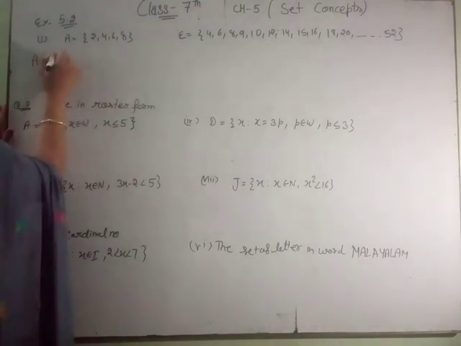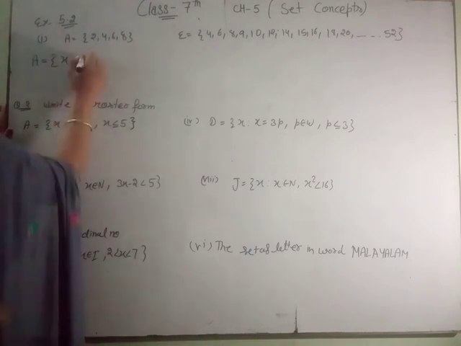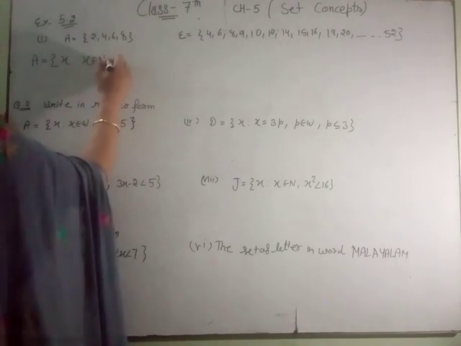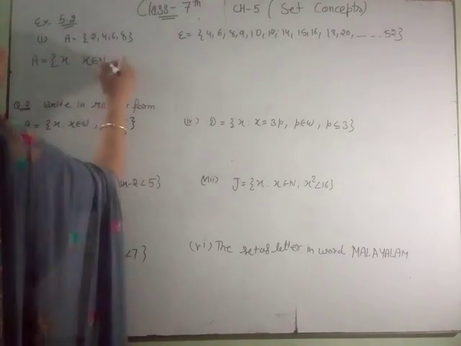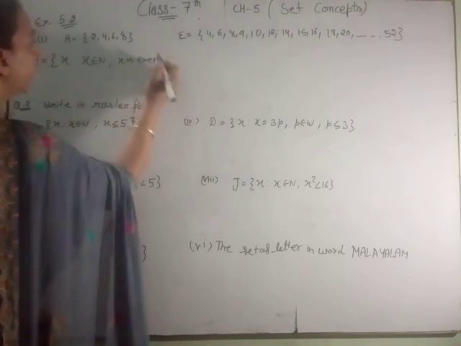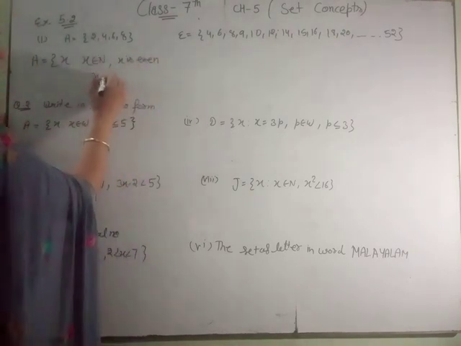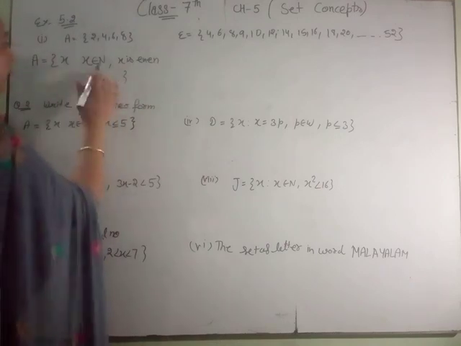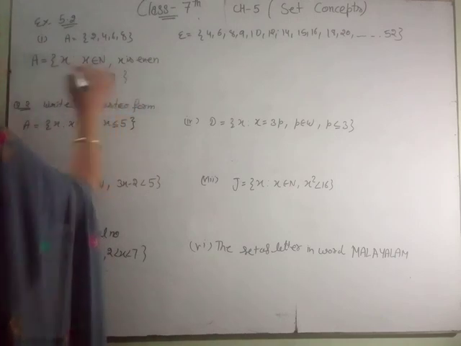Set A equals {x such that x belongs to natural numbers and x is even}, and we write x less than 10, or if not 10 then we write x less than or equal to 8.